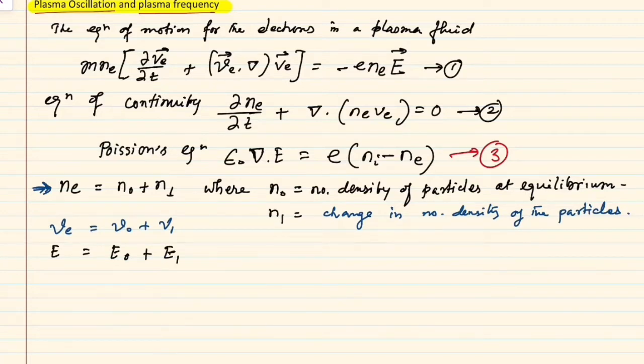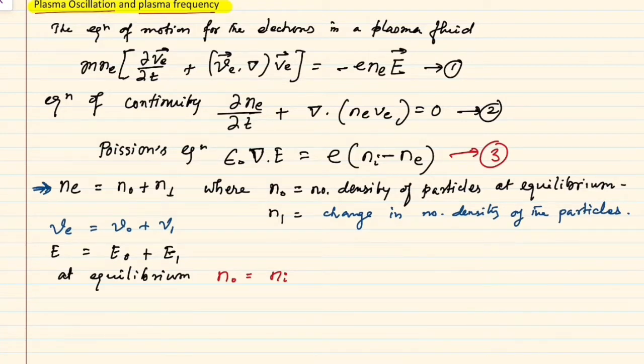Now at equilibrium, N naught is the number density of particles at the equilibrium state, and it is equal to Ni, the number density of the ions as well.